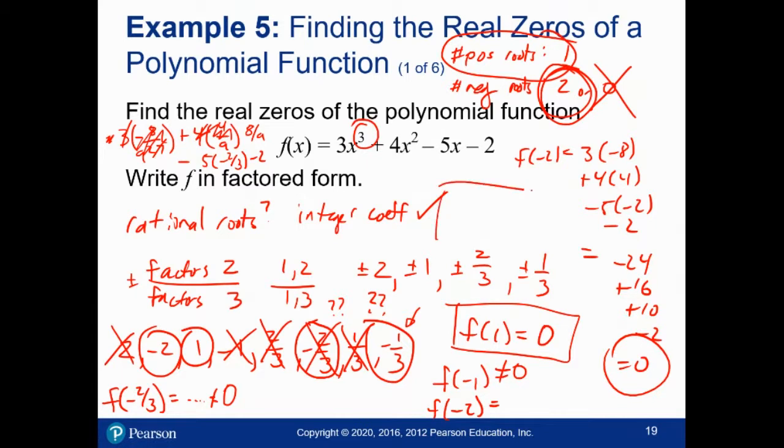Okay, I'll try to put it here in this box. I'm really just trying to find all the roots before clearing out all the work. So if I compute f of 1/3, we end up with 3 times 1/27 plus 4 times 1/9 minus 5 times 1/3 plus 2. So 3 times 1/27 is 1/9 plus 4/9 is going to be 5/9. Then I need to subtract 5/3, and then I need to add 2.